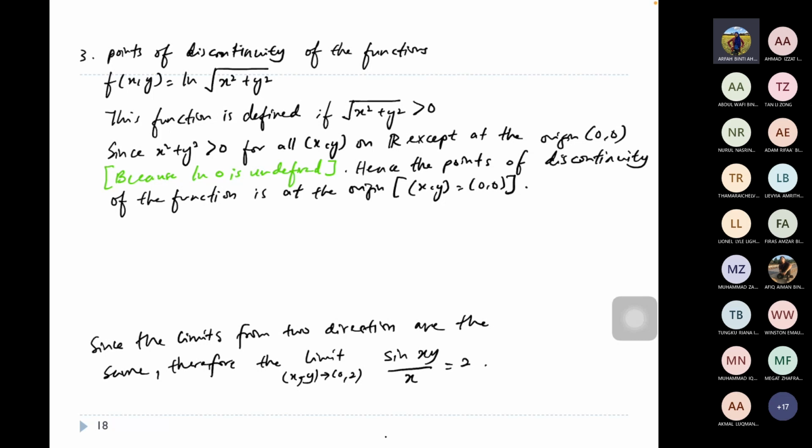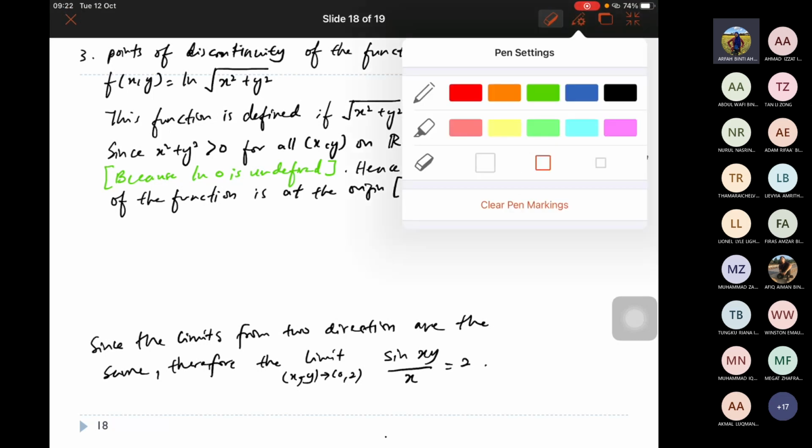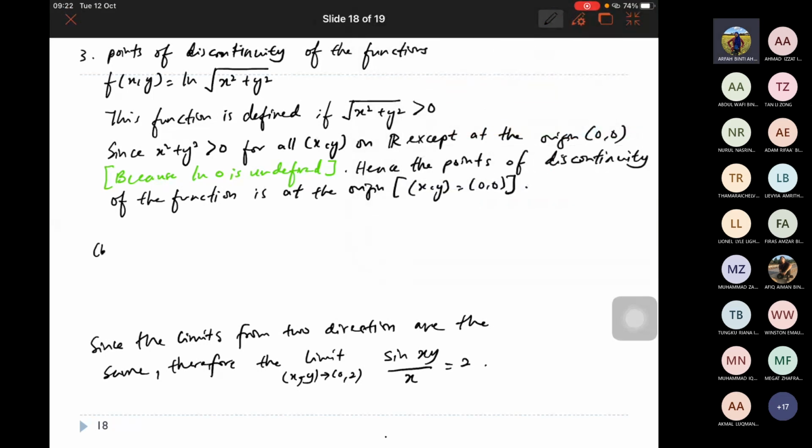So, cuba buat soalan 3B. Cuba tengok. f(x,y) akan sama dengan 1 per y minus x squared.